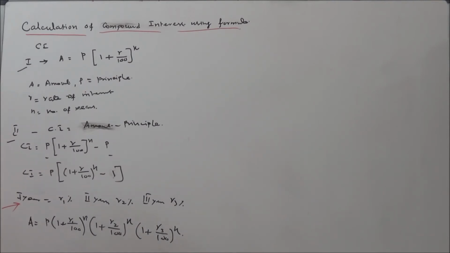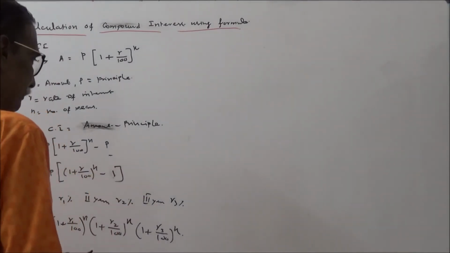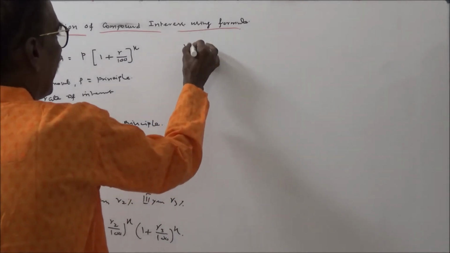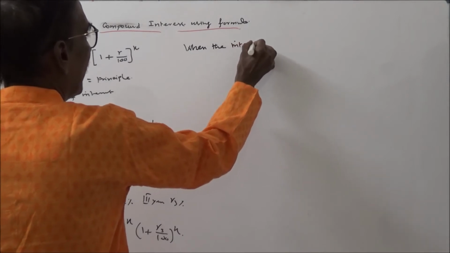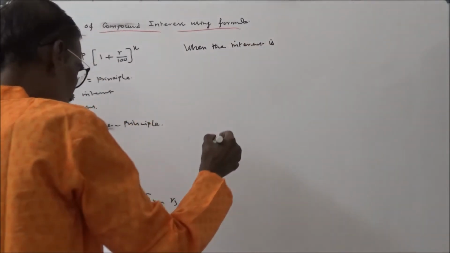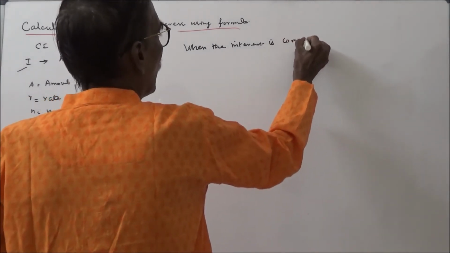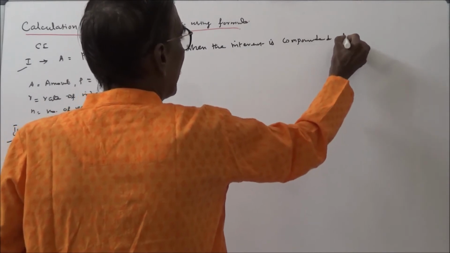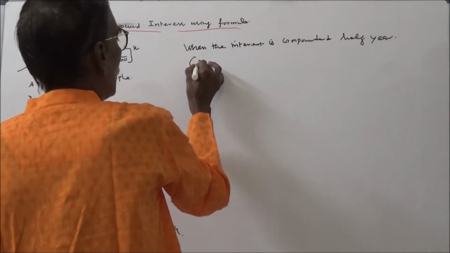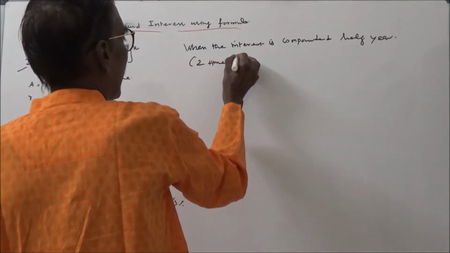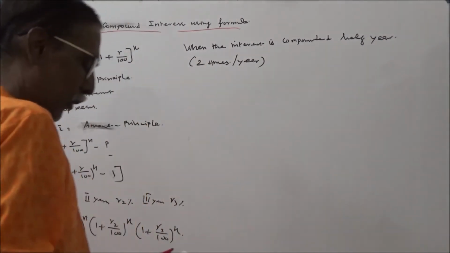Okay, next is when the interest is compounded half yearly. That means 2 times per year they are calculating the compound interest.